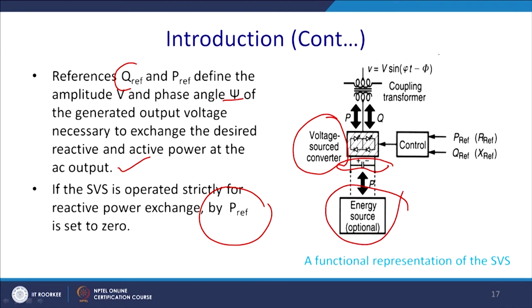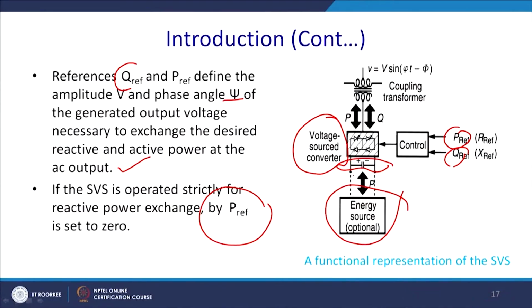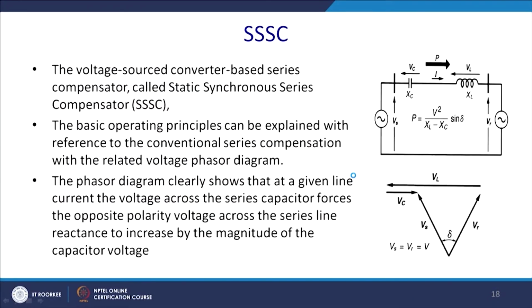So, you have V equal to V sin(omega t minus phi), and you have a coupling transformer. That will step down to the desired level, so that the semiconductor switches can operate. The semiconductor switch will generate the voltage and current in the desired phase shift as determined by the P ref and the Q ref, and this voltage will be injected in series. So, this is the principal operation of this device, the SSSC.